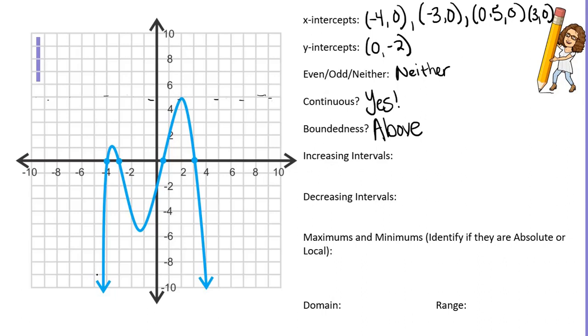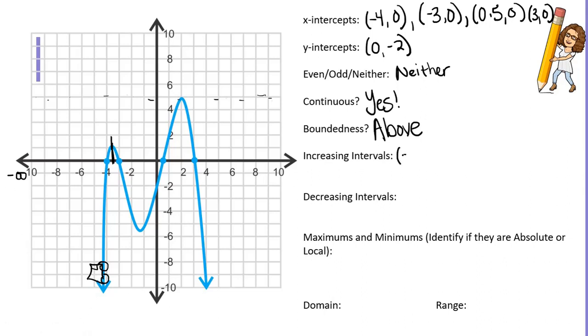Increasing intervals. Well, from left to right, if I draw a little car up here, it looks like my car would be going up the hill, right? And it would stop going up the hill about roughly there. But it started at, for the x values, negative infinity, because this is going to keep going down all the way in the negative direction.